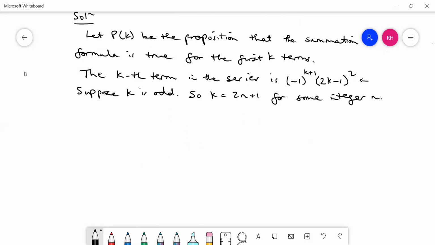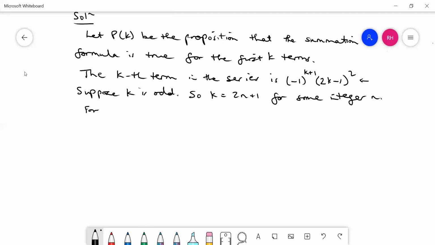Back here we've got 2K minus 1, which it has to be in that case. Anyway, it sort of starts to get a bit complicated because of that.